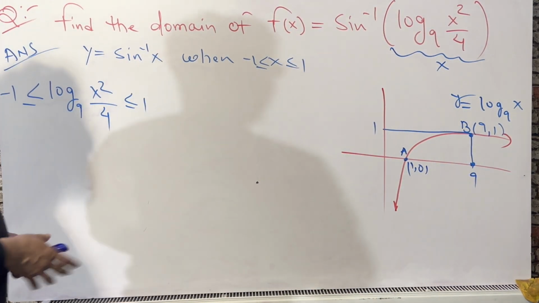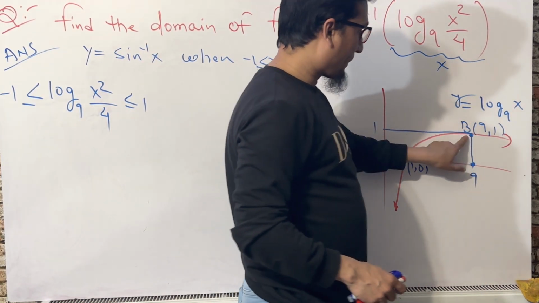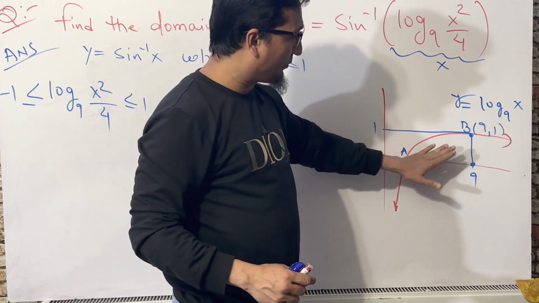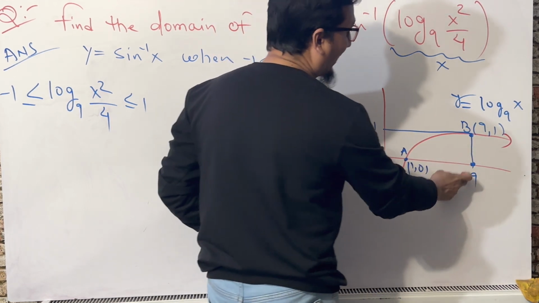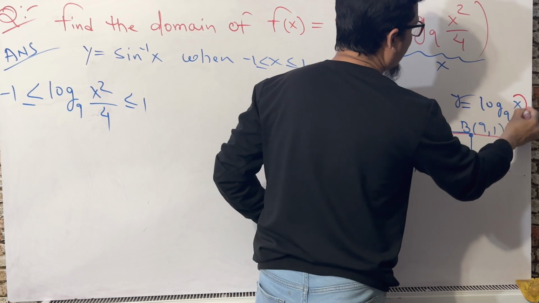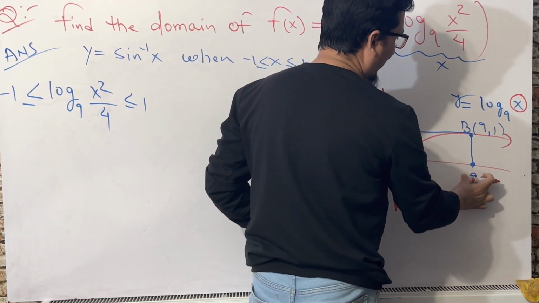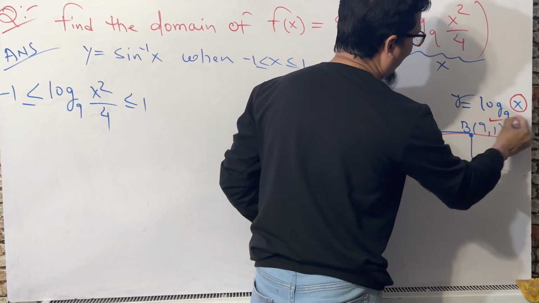Okay. So guys, if you see this graph, when this x is equal to 9, at that time we can say the function value is what?